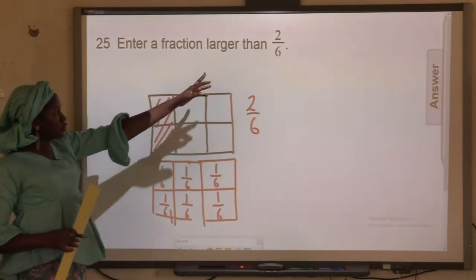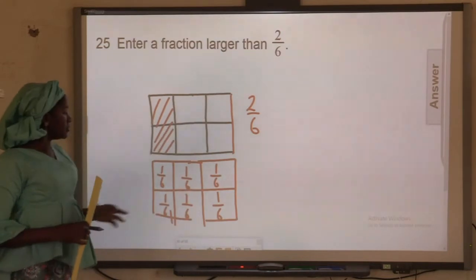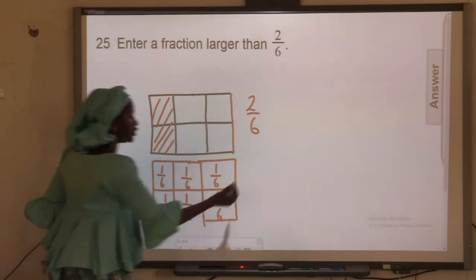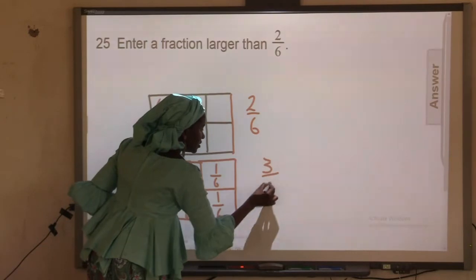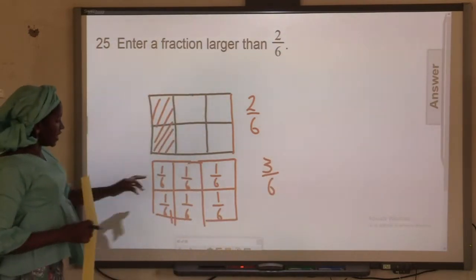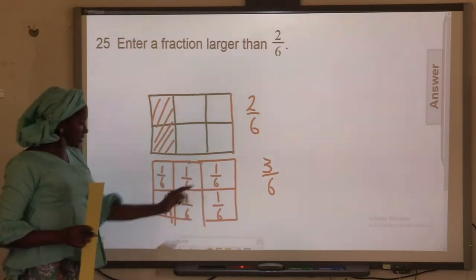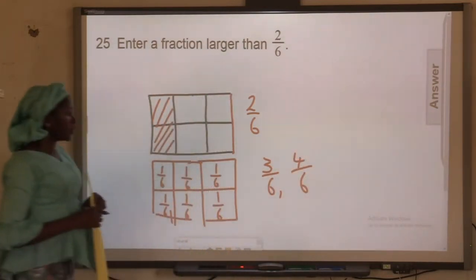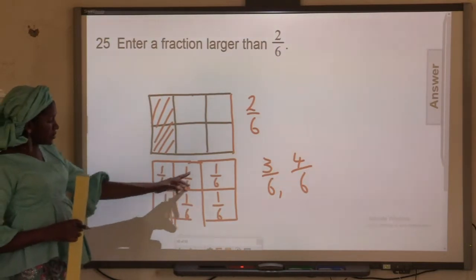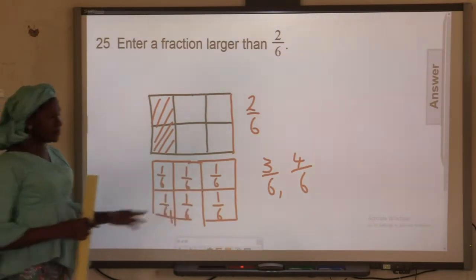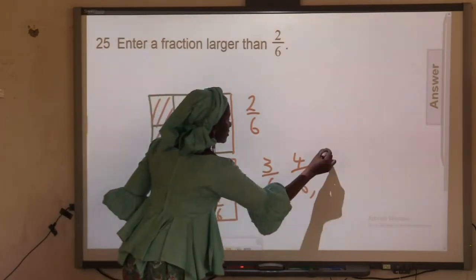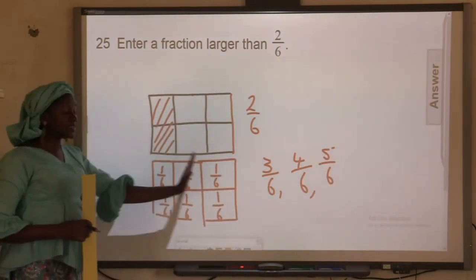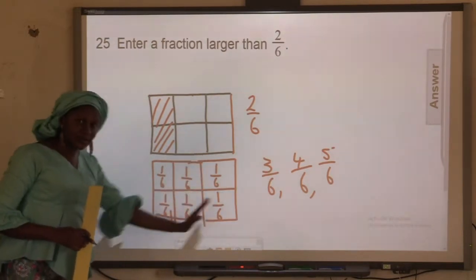So to have fractions with the same denominator which are larger than 2/6, we may have 3/6, whereby we add 1 plus 1 plus 1, which is going to give us 3/6, or we can have 1/6 plus 1/6 plus 1/6 plus 1/6, which will give us 4/6, or we may have five 1/6s, which is 5/6, or the whole diagram, which is 6/6, a whole.